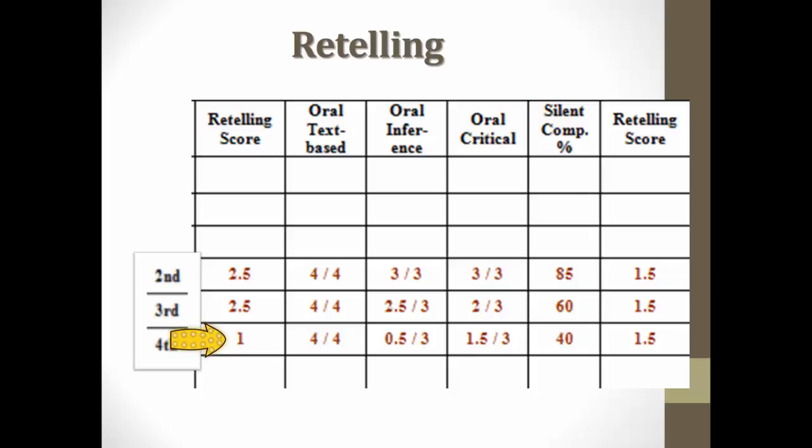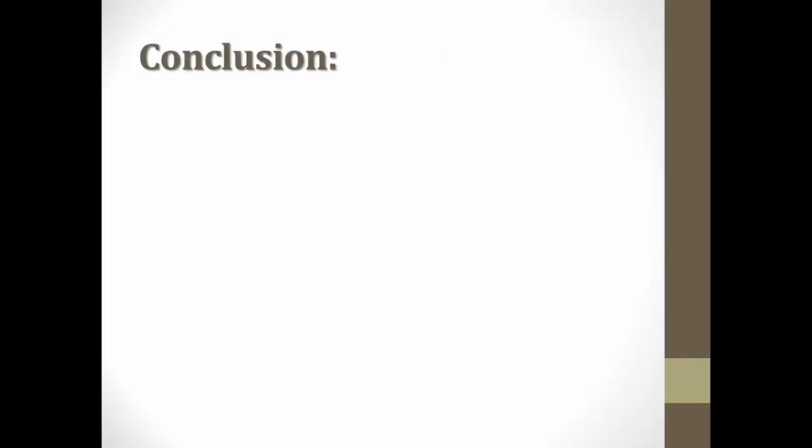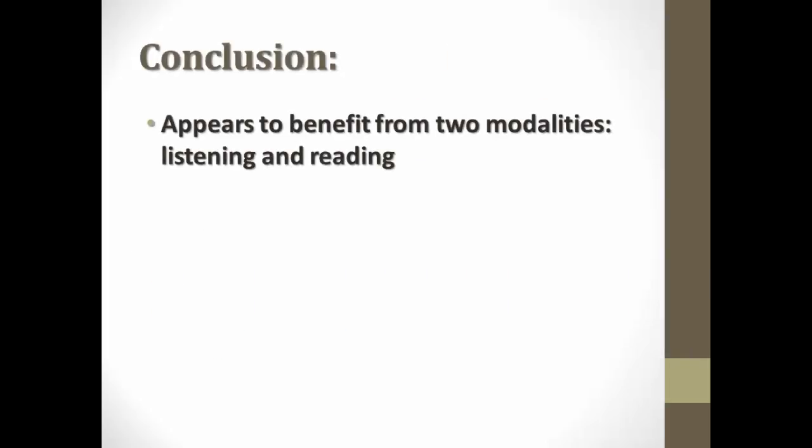So here's something to remember. When you're analyzing the data, you put less weight on the data that reflects frustration than you do the others. So for second and third, we have the consistency of a pattern, stronger following oral than silent. So, what conclusion? This reader appears to benefit from two modalities.